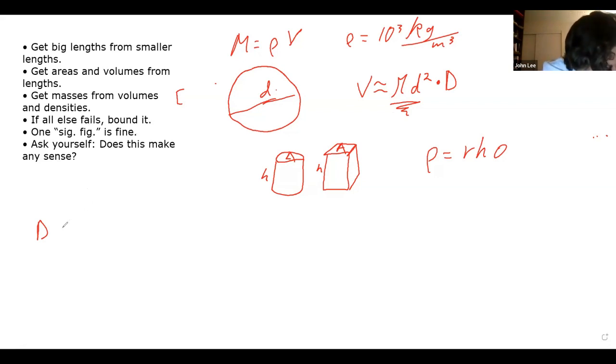Then the maximum value of the depth is going to be equal to 3 times 10 to the third meters. That's just something we know experimentally, like we've been around the sea plenty of times.